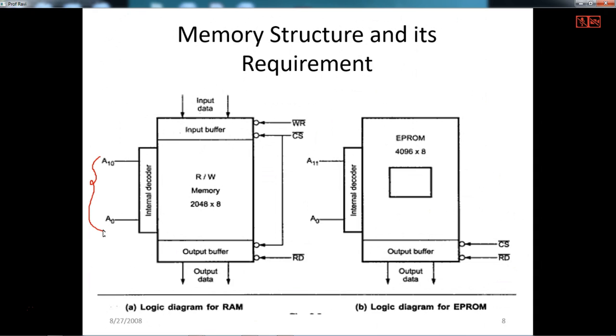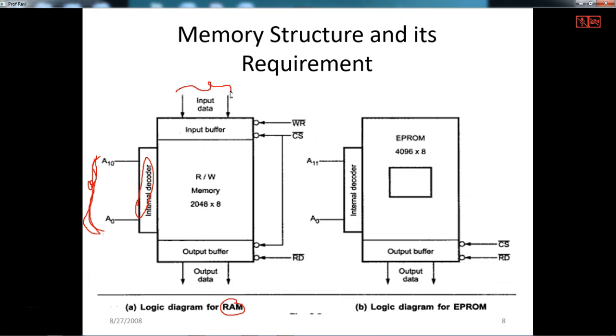Now for any memory interfacing, we should know what pins are available on the memory. If you consider a RAM chip, it should have a chip select, and an internal decoder to decode the particular address. These are the address lines A0 to A10.